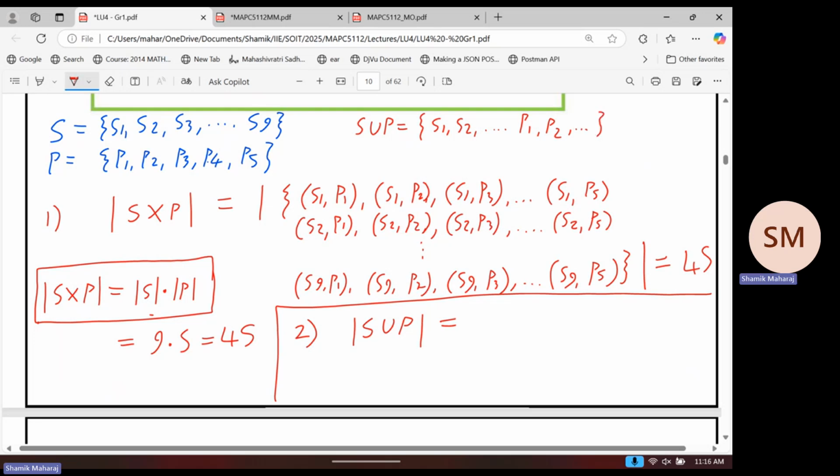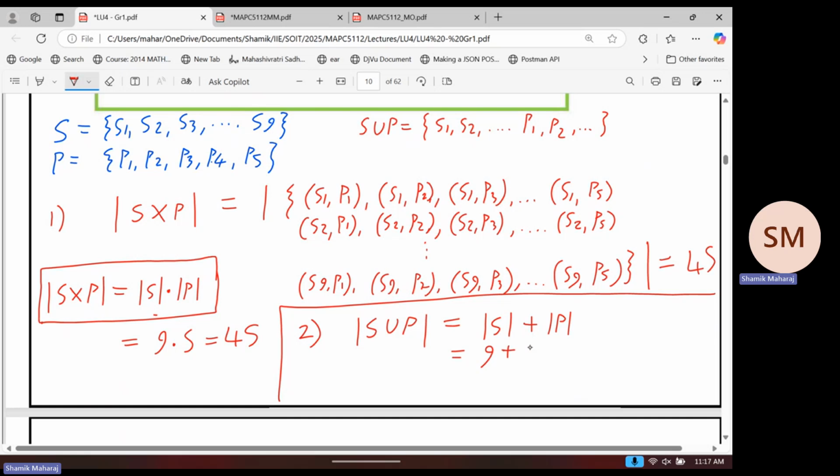So the cardinality of the union is just the size of that set, and it's clearly going to be the size of this plus the size of this. That is the same as the size of S plus the size of P, which we know to be 9 plus 5. I know my 5s look a bit like S's, but anyway, that's 14.